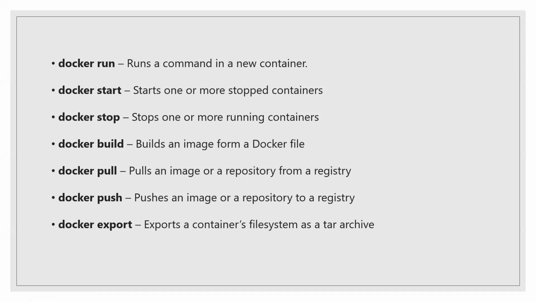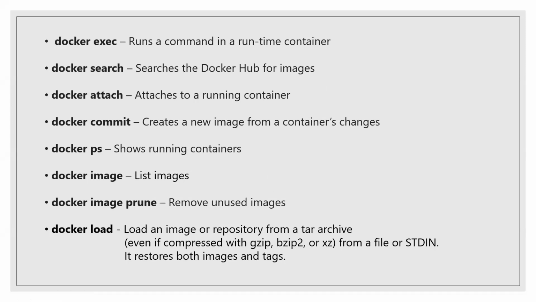Docker export is to create that particular image in a TAR format. Docker exec is to run a command in a running container. Docker search is to check the images from the repository. Docker attach to attach to the running container. Docker ps to show the running containers. Docker images lists the images. Docker load is to load the image from the tar file.